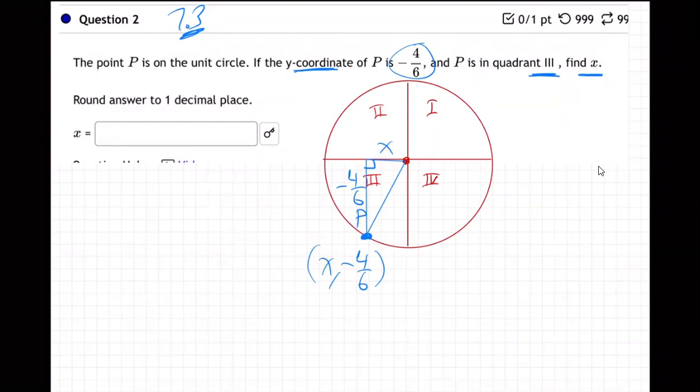Remember how coordinates work on an axis system. Right is positive, up is positive, left is negative. So we're going left and down, back and down. And we know the down, the y, is -4/6, because they told us the y is -4/6. And this is the unit circle.